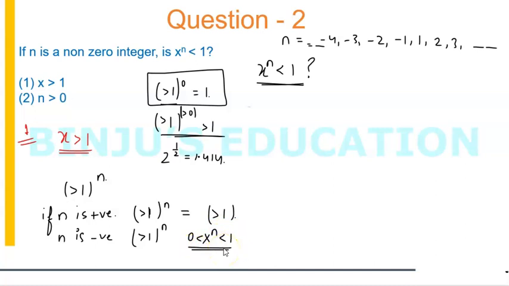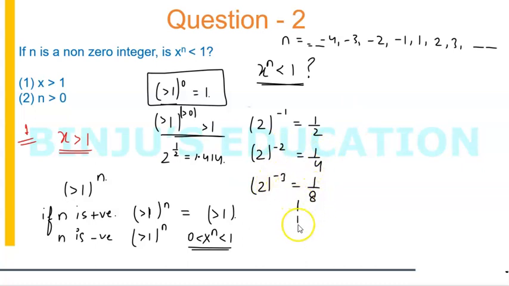For example, 2 to the power minus 1 is 1 by 2, 2 to the power minus 2 is 1 by 4, and 2 to the power minus 3 is 1 by 8. So even if you have a base greater than 1, if the power is negative, the overall value will be between 0 and 1.